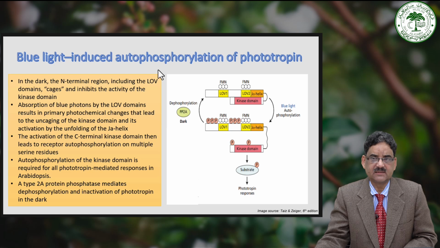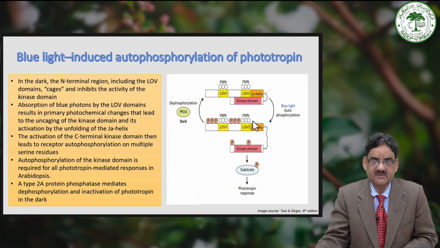This figure is the model for the blue light induced autophosphorylation of phototropin. It involves two LOV domains, depicted in yellow in the figure, and a kinase domain, which is depicted here in red.